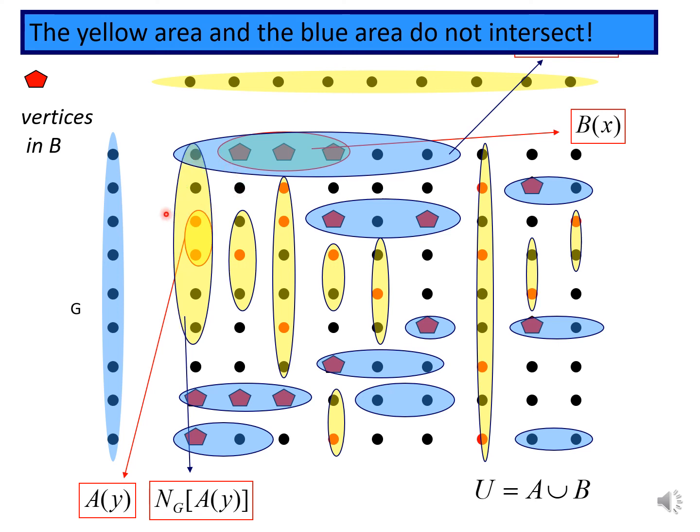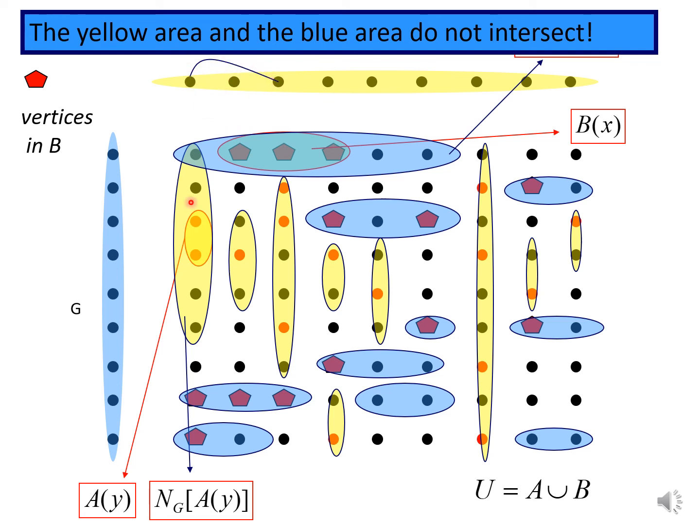So what does it mean? This vertex is not in AY, but it's in the closed neighborhood of AY. It's not in BX, but it's in the closed neighborhood of BX. Why is this in the closed neighborhood of BX? That means I can find a vertex in BX, and then looking at the second coordinate, there's an edge.